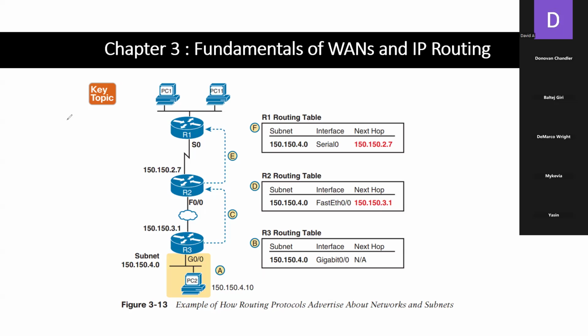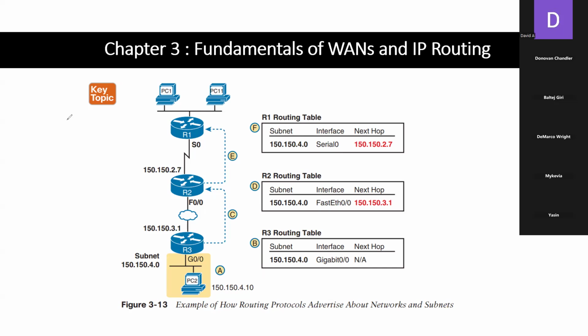Step 2, each router's routing protocol tells its neighbors about the routes in its routing table. Let's say now DeMarco does implement a routing protocol, OSPF, one of my favorites. Because DeMarco only configured IP addresses, he only has connected routes.